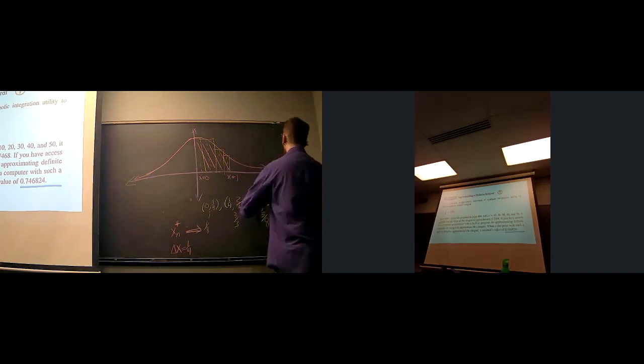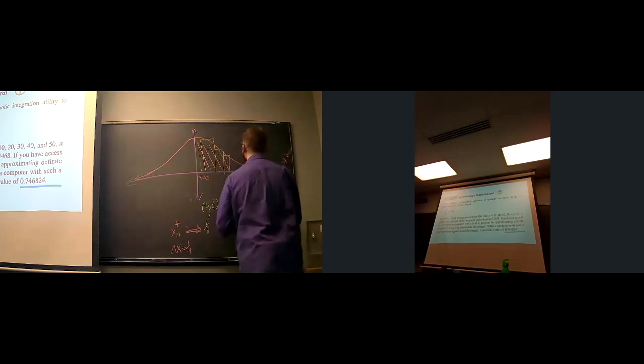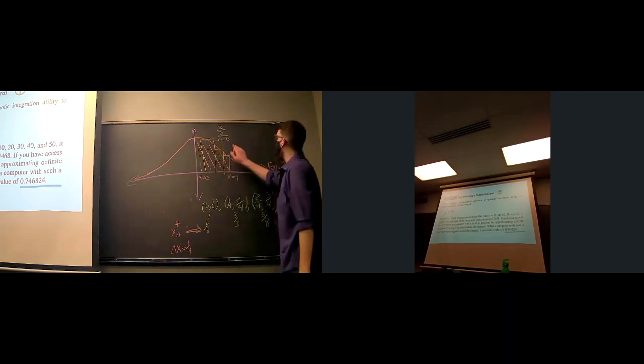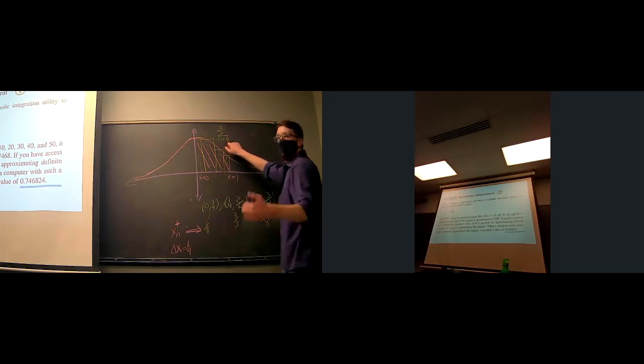So what we've got here then is a function. This thing is equal to e to the negative x squared. We've got the sum from n equal to 0 to 3, since we're indexing from 0, we have 0, 1, 2, 3. That's 4 in this case, right?